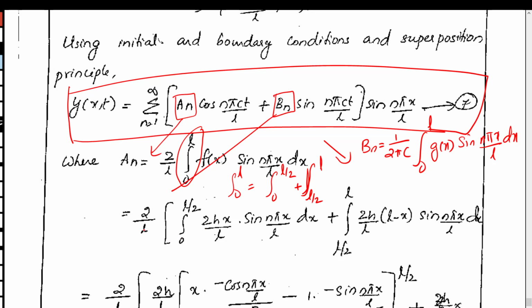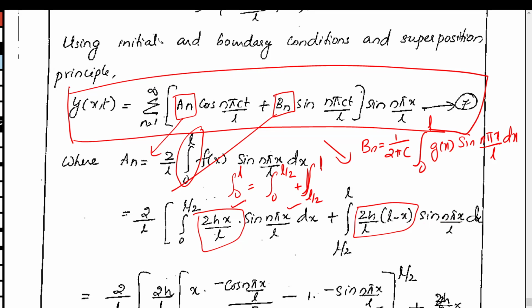Then the value of an becomes 2 by L into integral 0 to L by 2 of f of x, which when x lies between 0 and L by 2 is 2hx by L, into sin n pi x by L dx, plus integral L by 2 to L of f of x in the interval L by 2 to L, which is given by 2h by L into L minus x into sin n pi x by L dx.